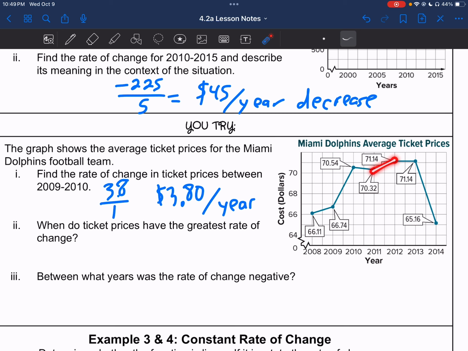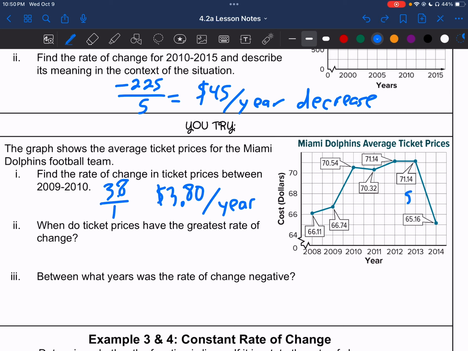It's less than $1 there. We are steady in this next year, and then we see another big dip in our prices. And so we have 71.14 going down to 65.16. And what is that going to get us? That's going to get us a 5.98 decrease.